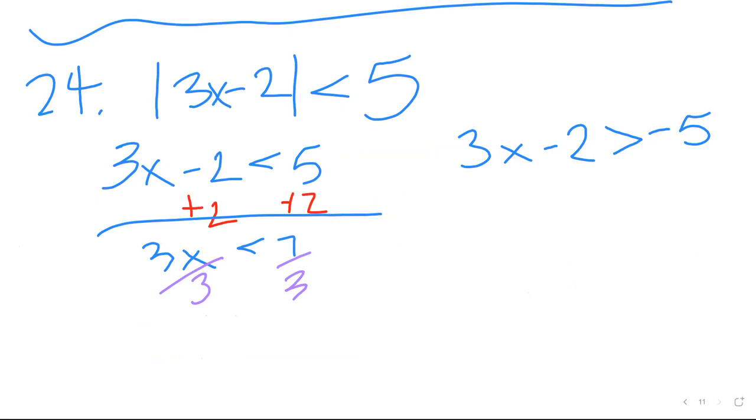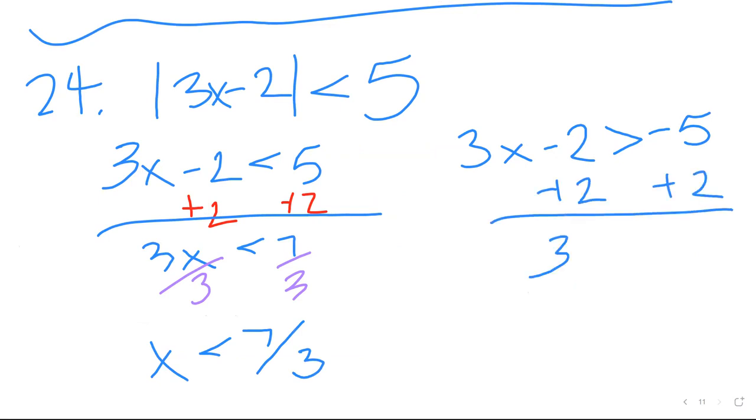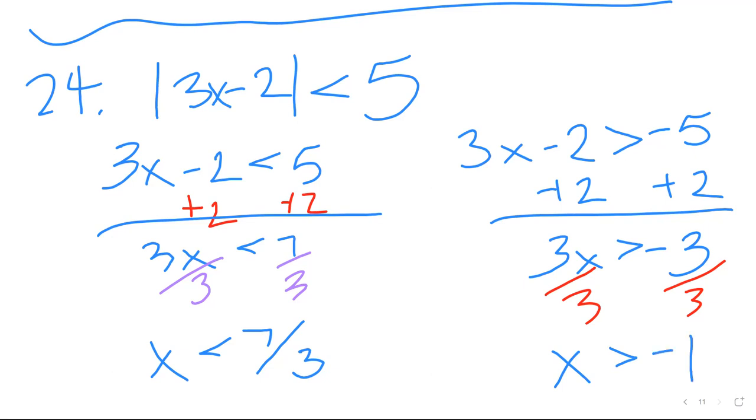That will leave us with x less than 7/3. Over here on the right, as we add 2 to both sides, looks similar, but we're going to come up with a -3 here. Divide 3 on both sides. We're dividing a positive, so we don't flip the sign. Even though it looks like there's some negatives involved there, we divided a +3 from a -3, giving us -1.